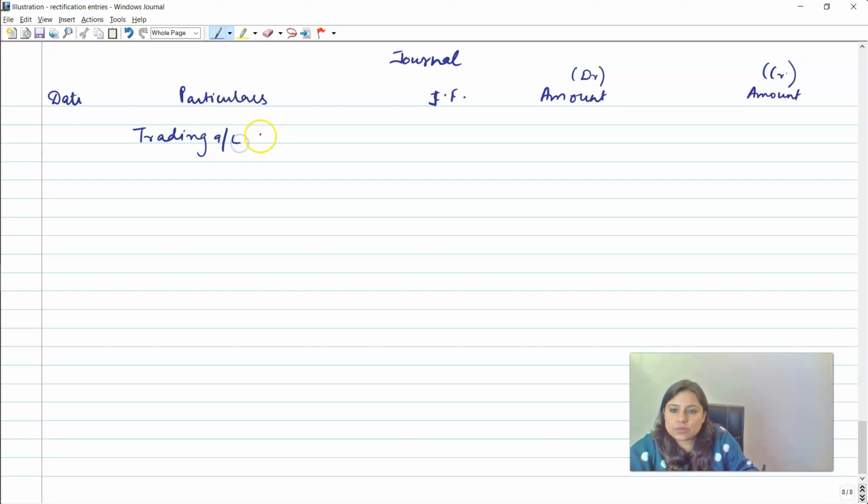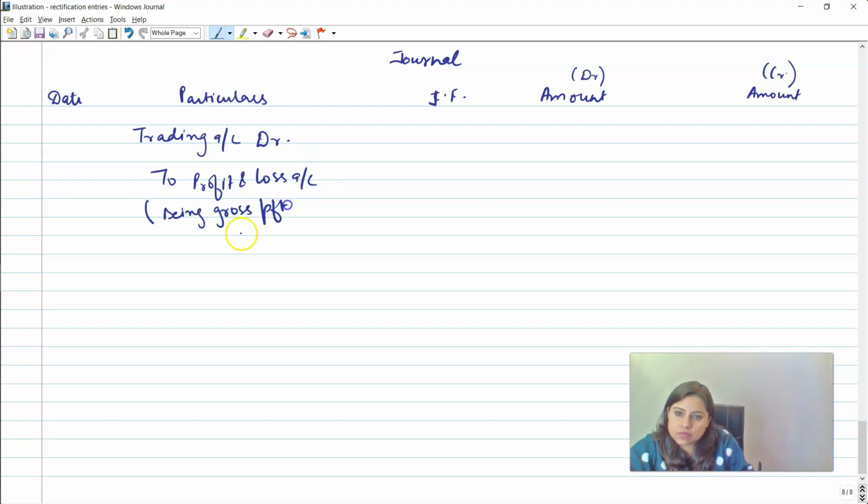In the case of gross profit, trading account debit to profit and loss account. Transferred. Right, so the amount would be 1,20,000 minus 75,000, which comes out to be 45,000. So 45,000 is the gross profit transferred to the P&L account.